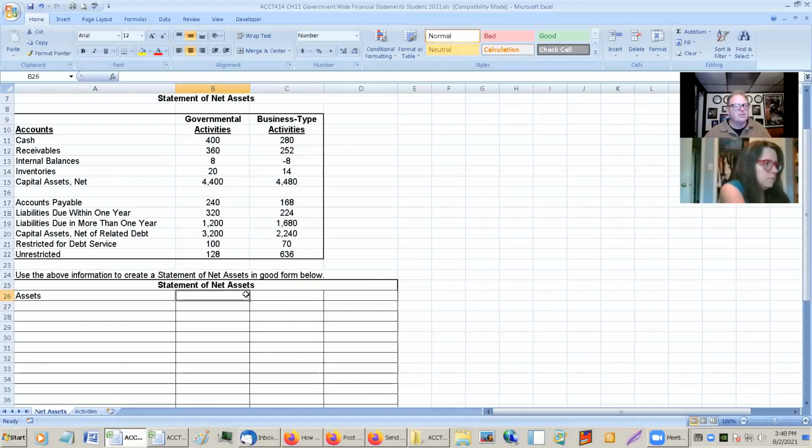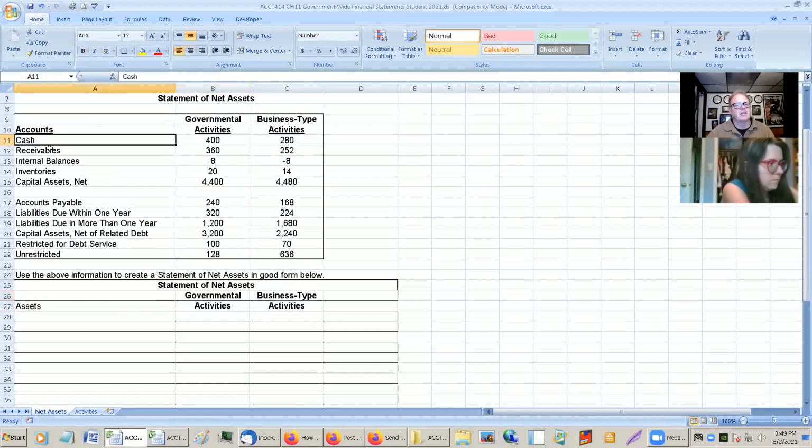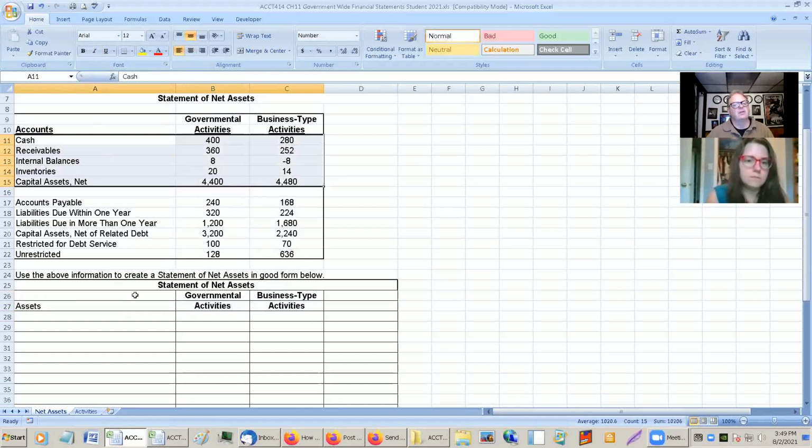We have government activities, and then business type activities, and assets. We can actually just cut and paste these down here, or you can also disconnect them.